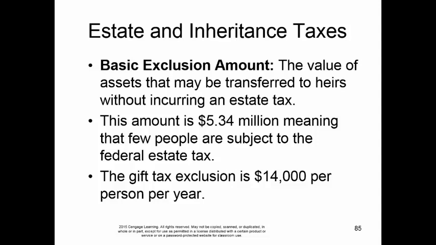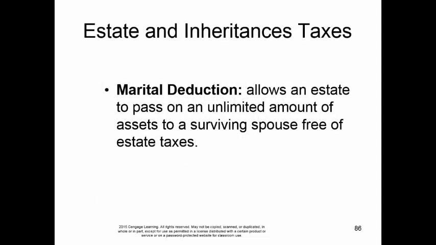The gift tax applies to the giver, not the receiver. So the receiver would never be subject to tax, but the giver could potentially have to pay gift tax if they gave an amount greater than $14,000 per year.